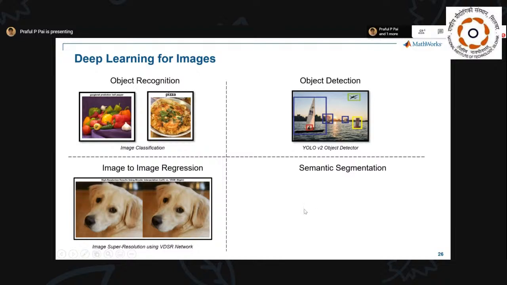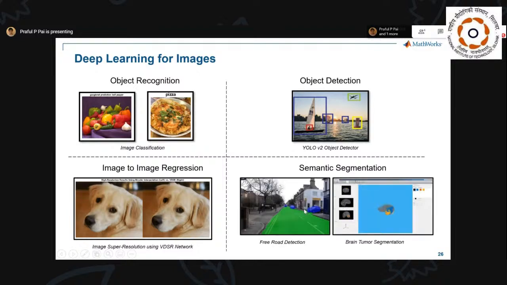You can do that, or you can do semantic segmentation, as in, instead of labeling the entire image, you can provide labels to each and every pixel in the image. So for example, in this image here, you are labeling different parts of the road as green, and different vehicles coming over here as blue.